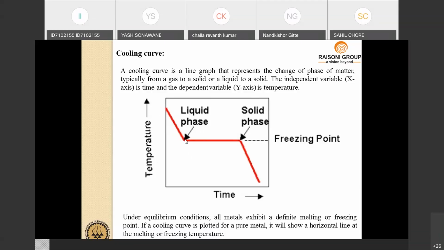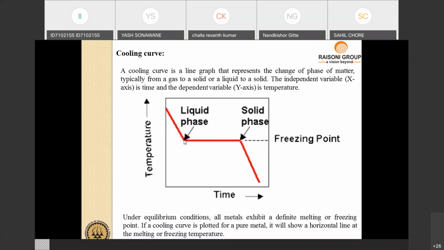That's why that point is known as the freezing point. Freezing point means at that point, solidification has started. From liquid to solid it gets started, and from this point to this point, all the liquid material gets solidified. So at this point, the complete solid phase you will obtain.